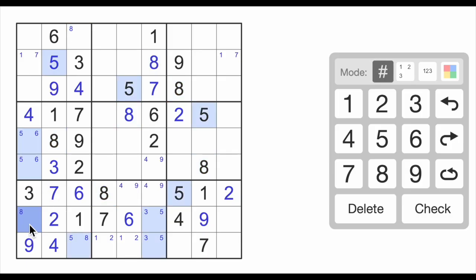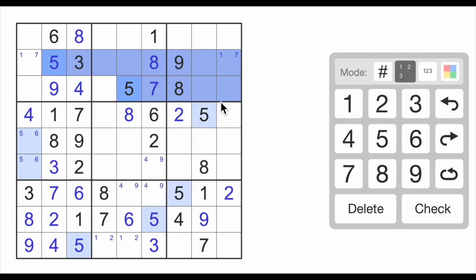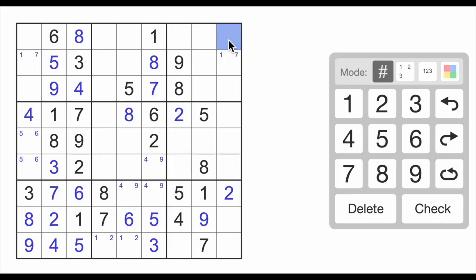That means this cell cannot use 5, gives me 8. And that gives me 5 here, that gives me 8 here. And because of this 5, this cell is 3, and that gives me 5 here. And I can place 5 in box 3, 5, 5, 5, gives me 5 here.